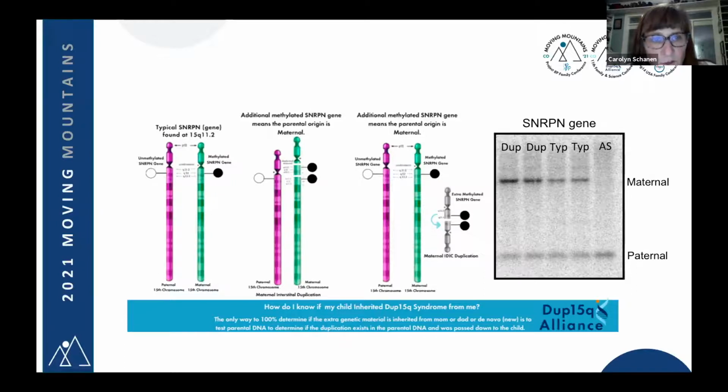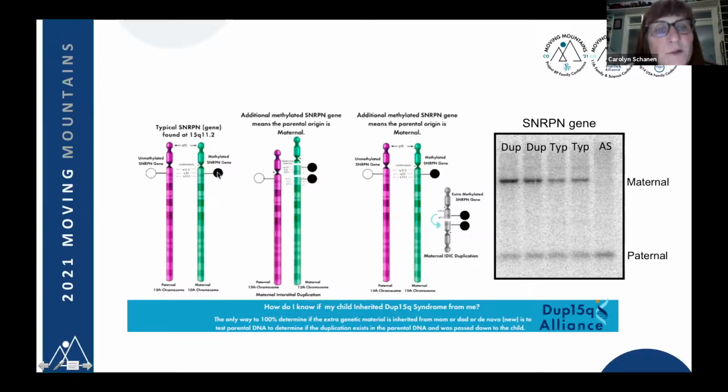So on the maternal chromosome, which is the pink one, it is unmethylated and the gene is active. And on the paternal chromosome, it's methylated and it's silent. No, I'm sorry, I said that backwards. On the paternal chromosome, which is the pink one or the purple one, it's unmethylated and it's active.